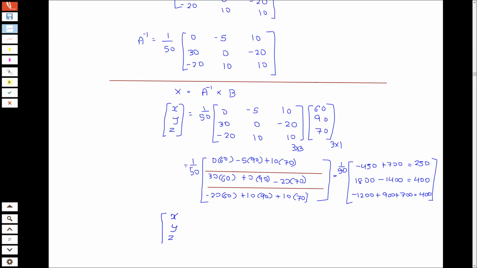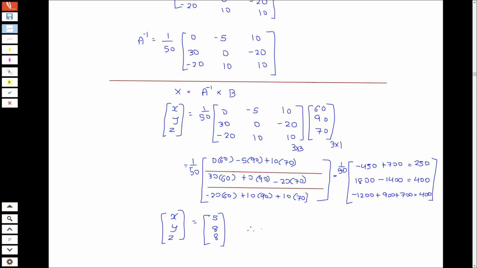So X, Y and Z equal to, divide with 50. 5 5s are 250, 5 8s are 400. So I'm getting the values 5, 8 and 8.